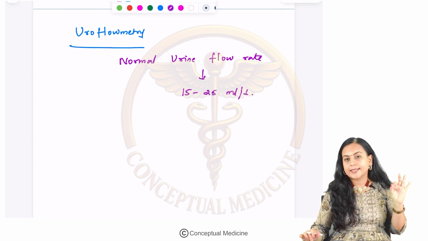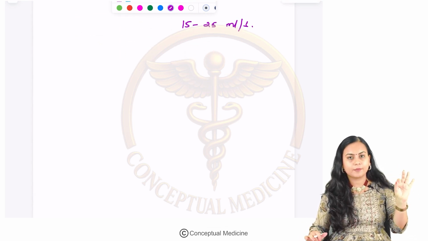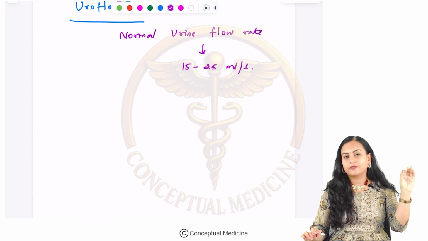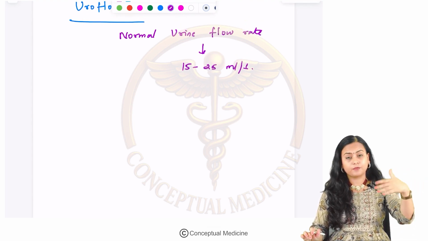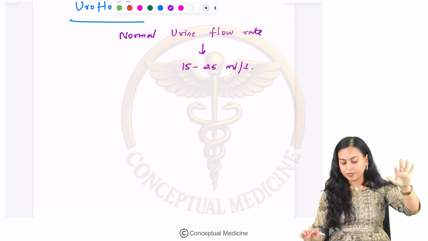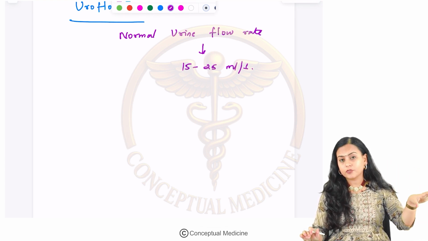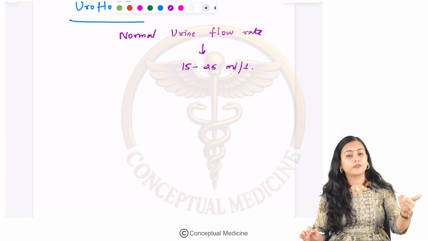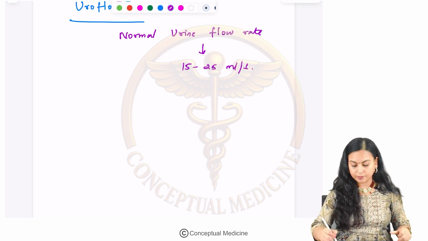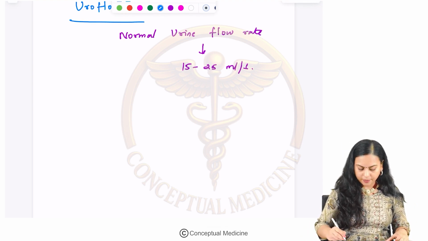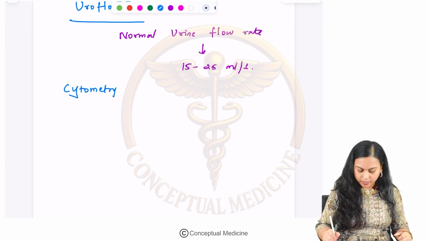So, this excludes obstruction. Any obstruction should not be there. If no obstruction is there, it will be flowing at a rate of 15 to 25 milliliter per second. Okay. Next option, you will give them a cytometry.